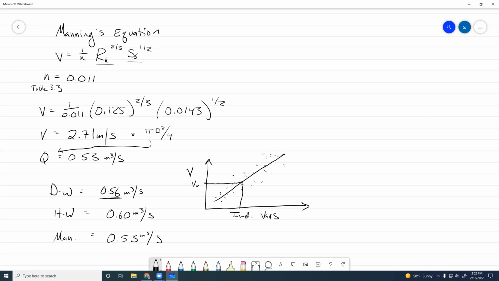So one value. We'll learn in statistics that that's basically the average value, given the range of potential values based on your data distribution. This value is the mean value that you would expect given that distribution of the velocities that could happen for a given set of independent variables.